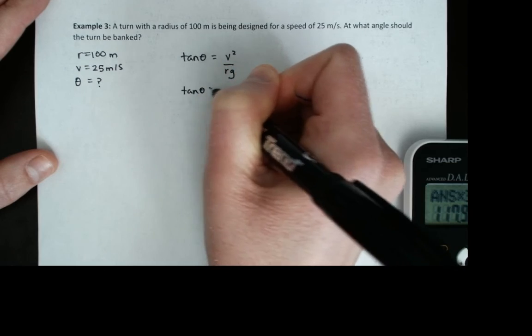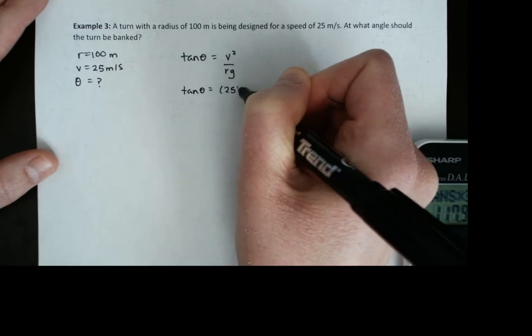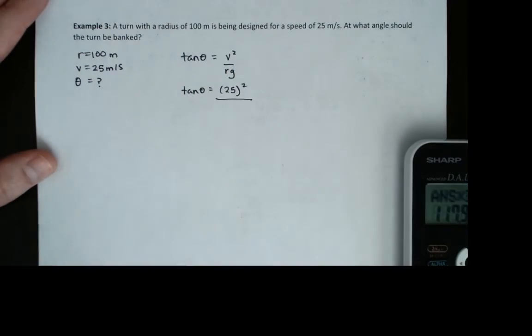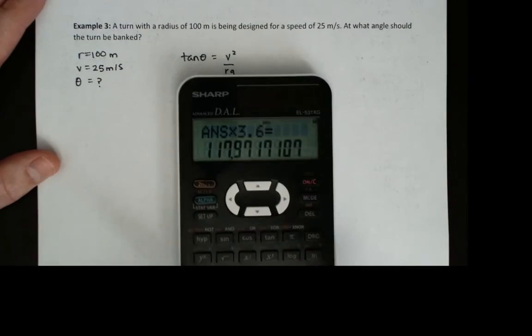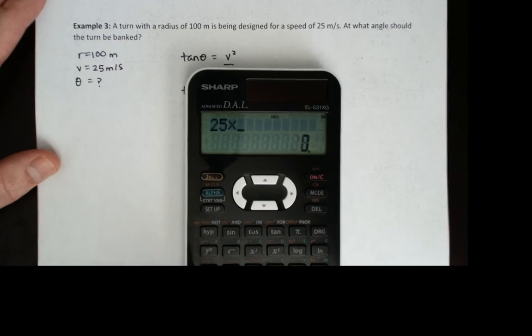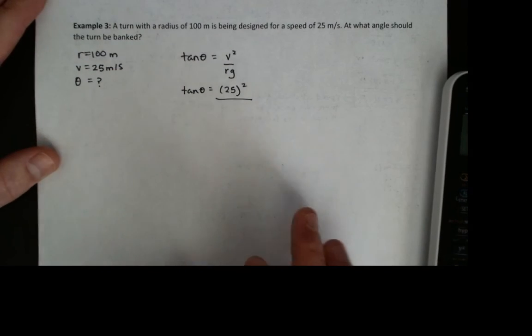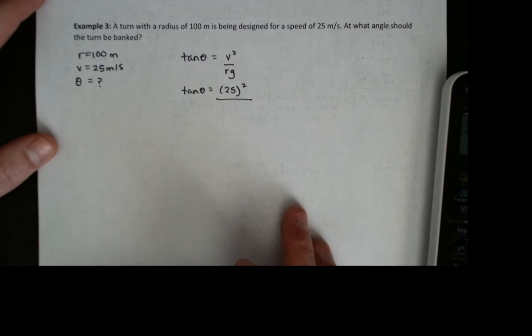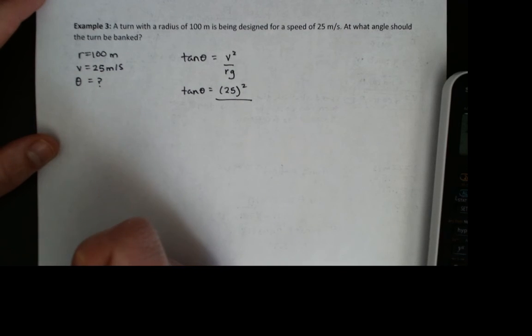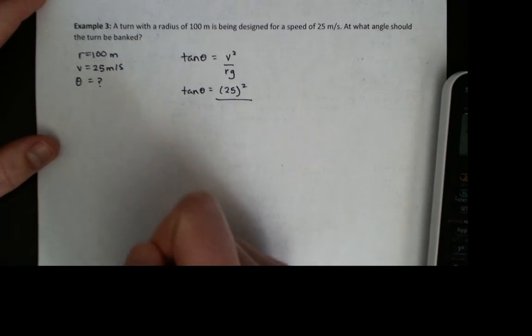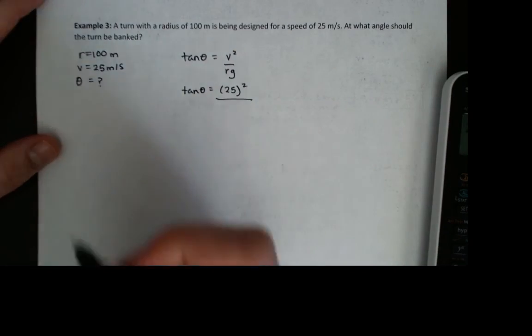Well, 25 meters per second squared. Again, for context, 90 kilometers an hour. We want to be taking this very, very sharp circle. That's basically like a turn and come back. That's crazy.